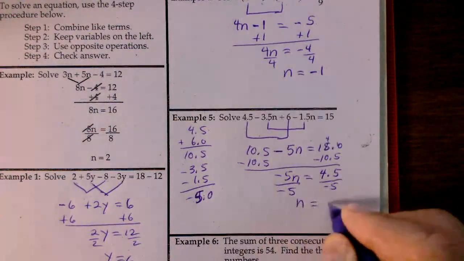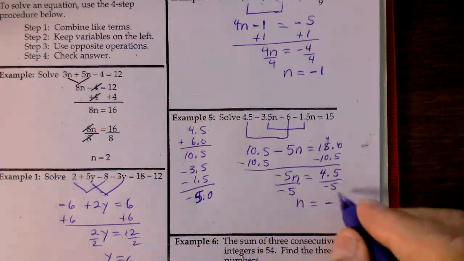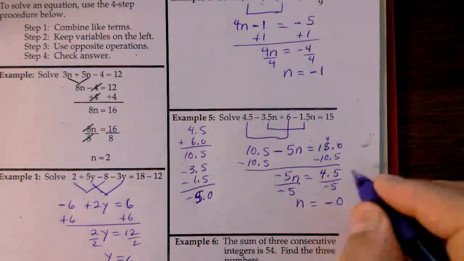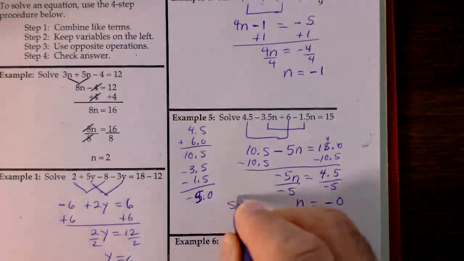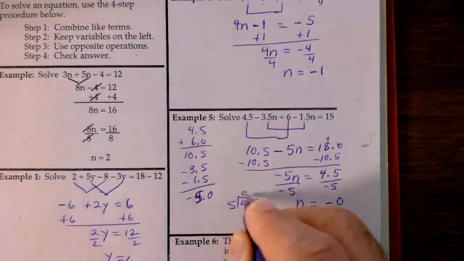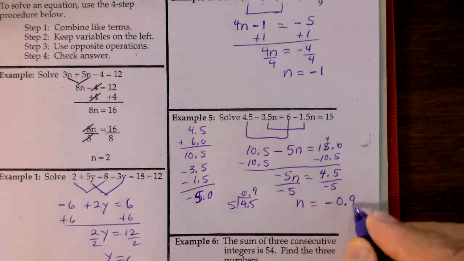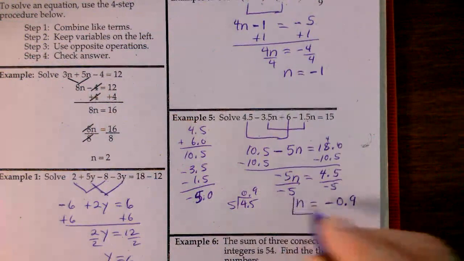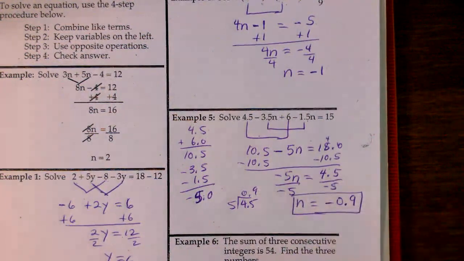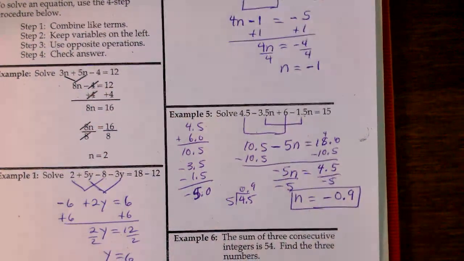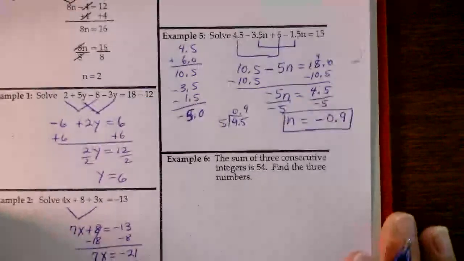And the answer is going to be a negative and 0, because we know that 5 into 4.5 won't go, but it will be 0.9. Negative 0.9. So do not fear the decimals and fractions. They'll work themselves out.